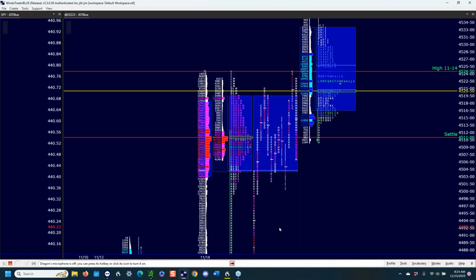What makes a profile weak in structure? Is it when there are unfilled gaps or when there are single TPOs that show emotional buying or selling? Well, it's going to be the shape. For example, if you look at yesterday's shape, it looks like the letter P. If you had a really good buy, you'd be more elongated.